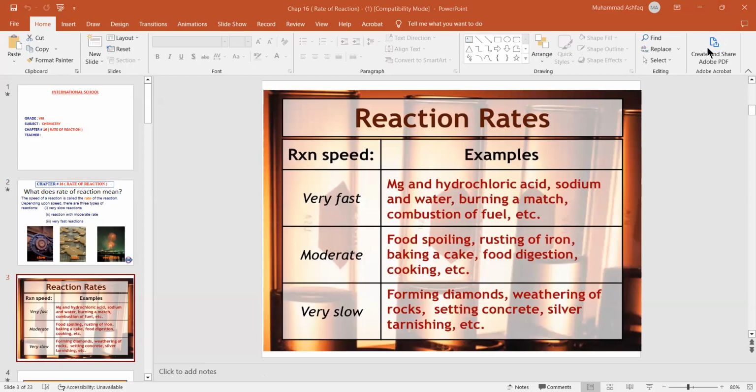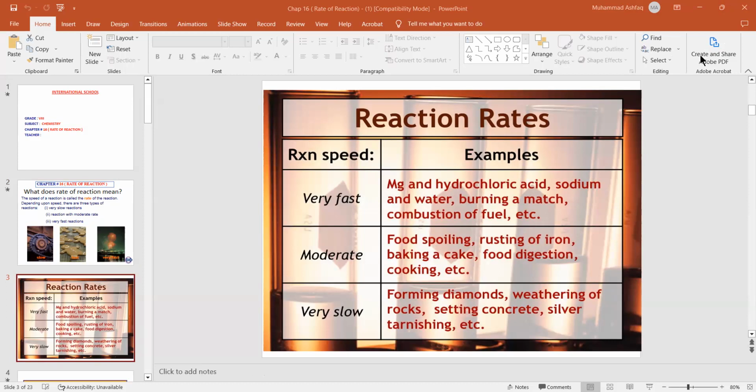Now here, the reaction rates depend upon what. You can see the very fast reaction examples mentioned here, moderate and very slow reaction. Very fast: magnesium and hydrochloric acid reacting, sodium and water, burning a match, combustion of fuel.